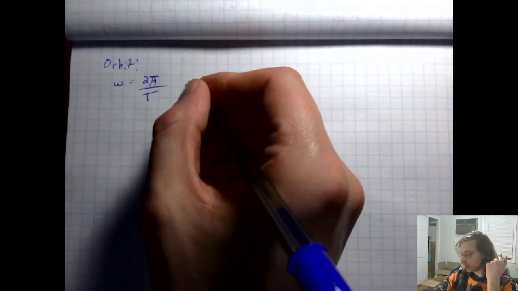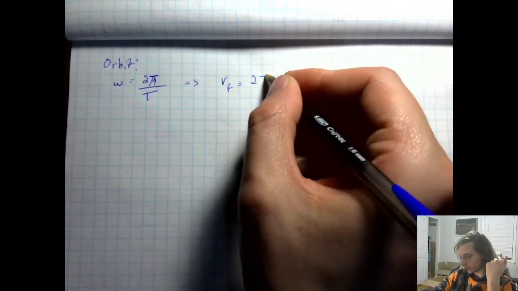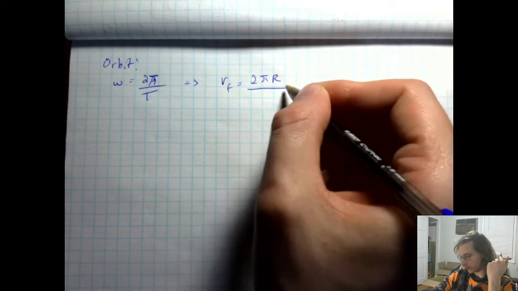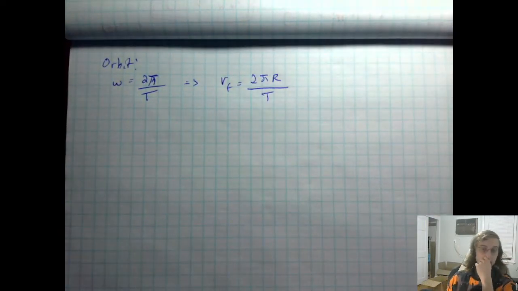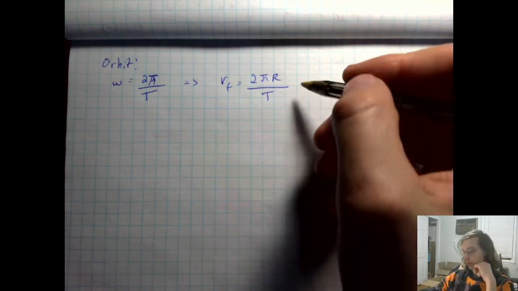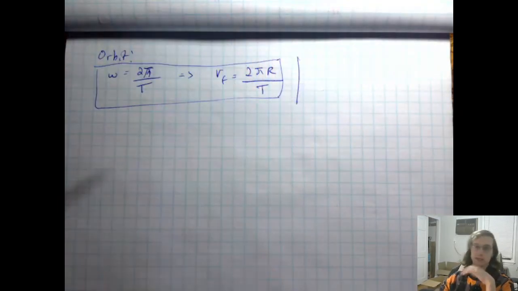You could also conceptualize this as your tangential velocity equaling 2 pi times the distance that you need to travel, the circumference, divided by the period, or the amount of time that it'll take. These two ideas are going to be useful occasionally throughout the processes that we're going to talk about. I would make sure that you understand and remember this.